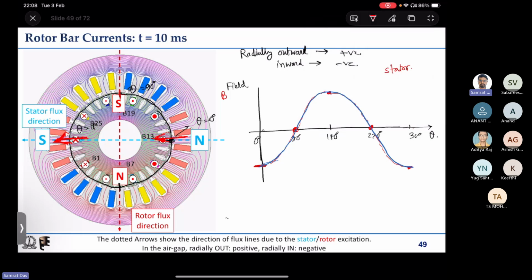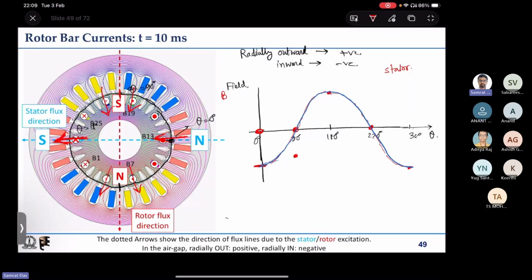Now let us try to see the rotor field. Rotor flux direction is downward, that is flux direction is like this, flux direction is like this. So at 0 degree it is 0, at 90 degree it is radially inward. Radially inward means we have to assign negative sign towards it, so some negative value.